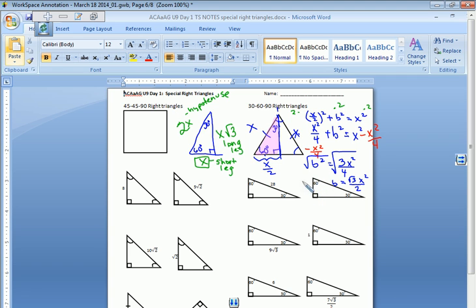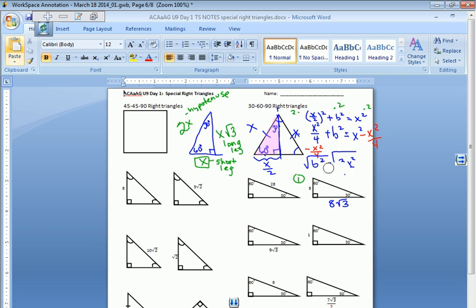Okay, so let's take a look at this problem. We're going to start here. We're going to call that example 1. Across from the 30-degree angle is our short leg. It's 8. So to get the long leg, we just take that and multiply it by the square root of 3. And to get the hypotenuse, we just take that short leg and double it.